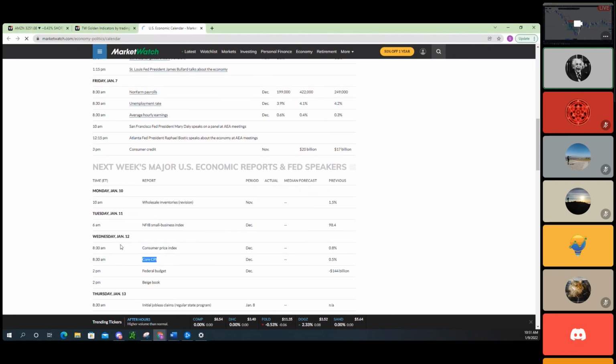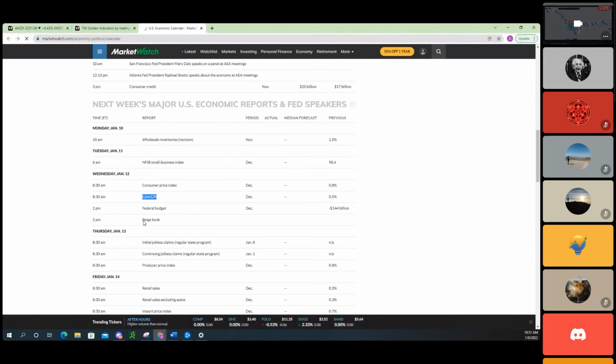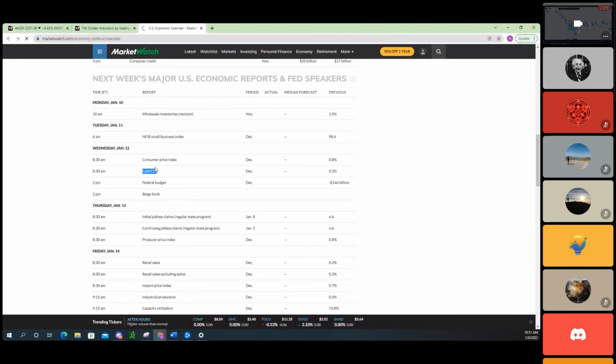So the CPI is Wednesday. Well, I think there's also Powell speaking, or his confirmation with the Senate, either Monday or Tuesday. I'll find out. So a couple of events to watch here as well. See what's going to happen. I do know that we're going to get a low bounce at some point here soon.